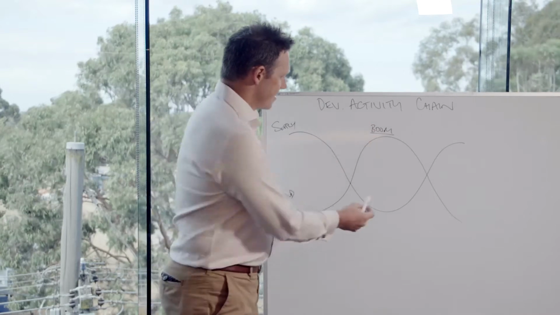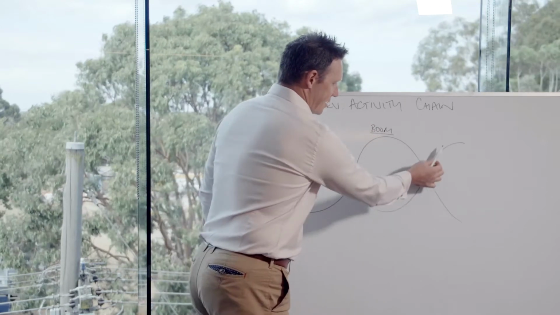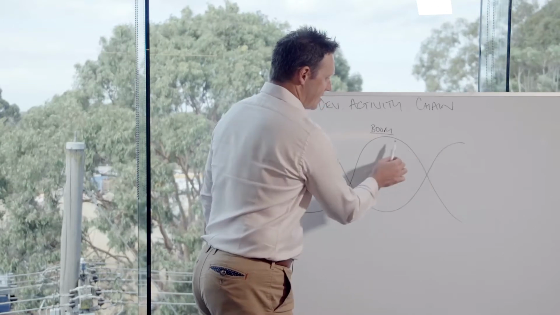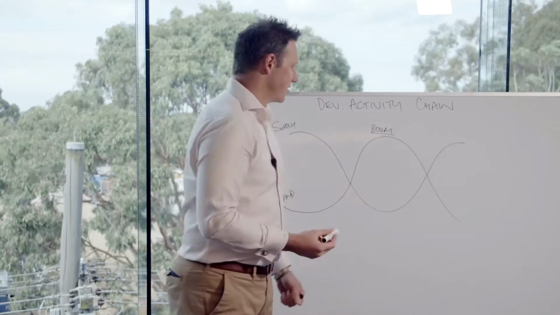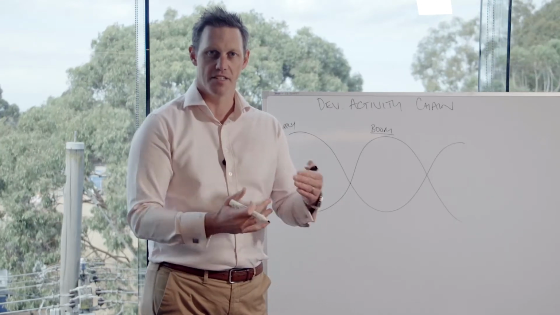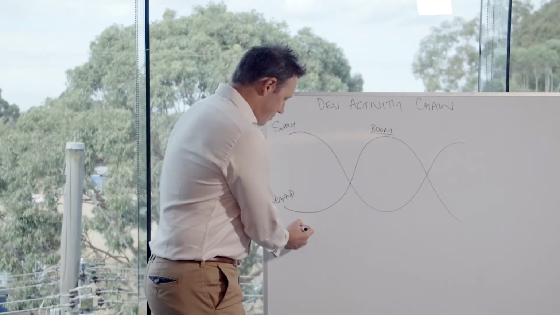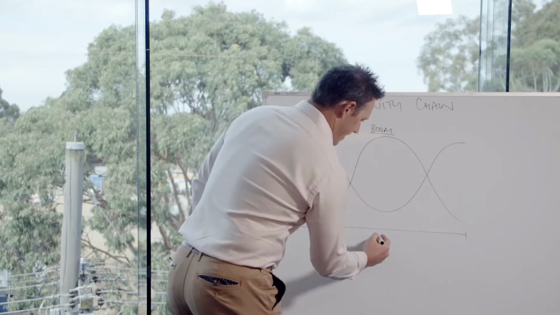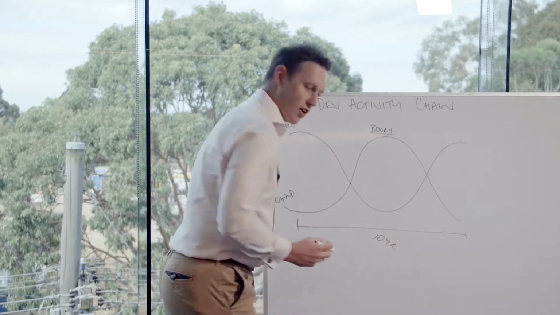Then as supply continues to increase and demand drops, that's when we start to see a market correction. To take you through the detail, this is what it looks like. From here to here is a full 10-year cycle.